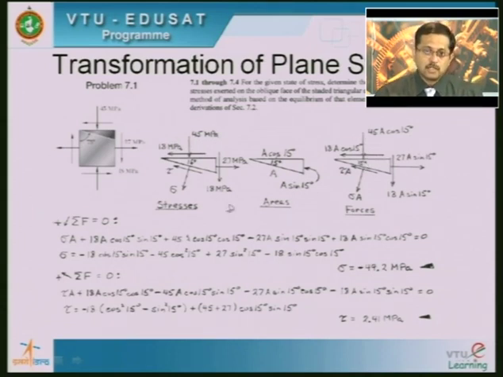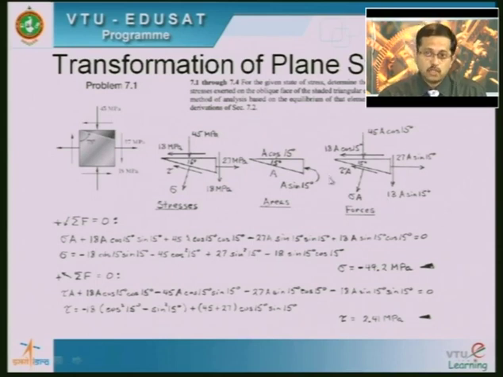Next, let us take the forces acting on the vertical plane. This is a tensile force, 27 megapascal, that we multiply with the corresponding area, A sin 15, so we get 27 A sin 15 degrees. Similarly, the shearing stress is 18 megapascal, multiplied with the area, we get 18 A sin 15 degrees.